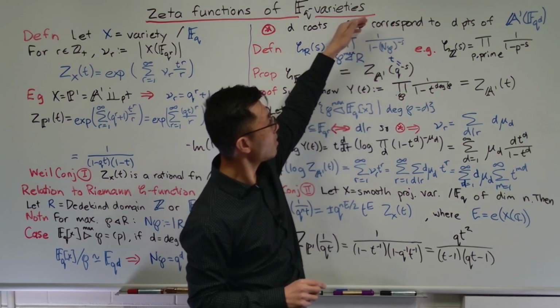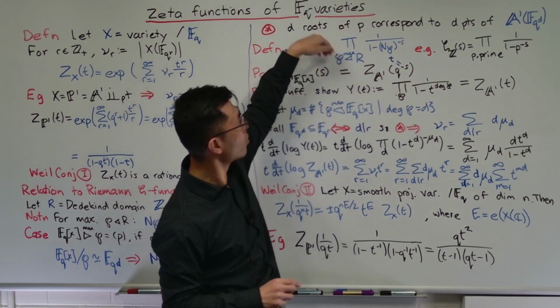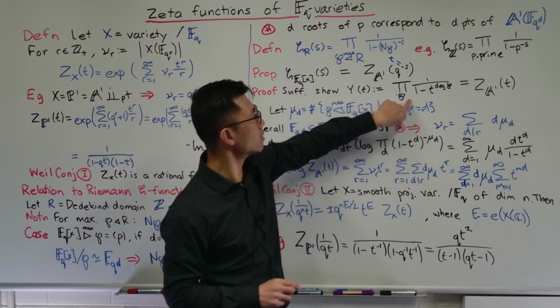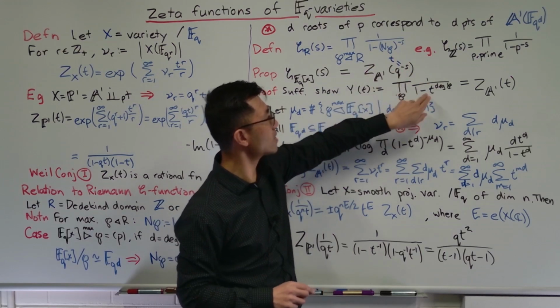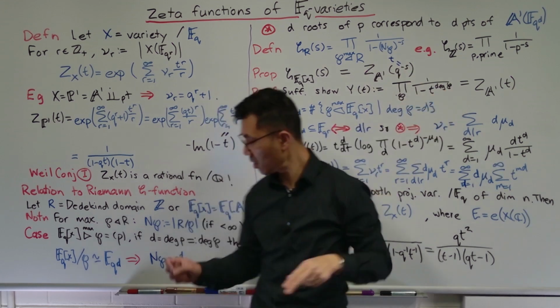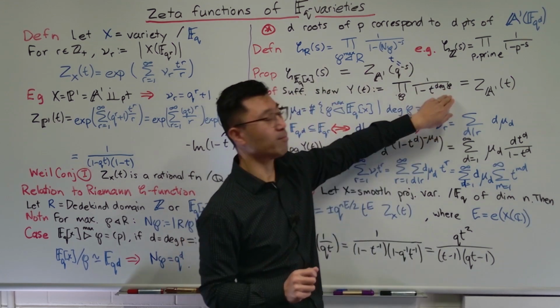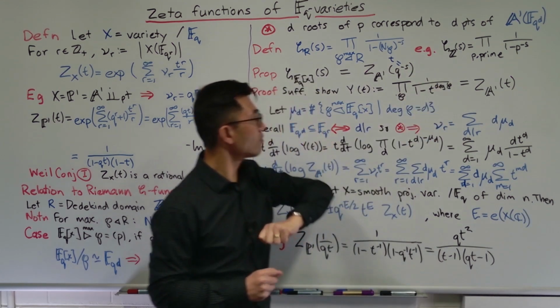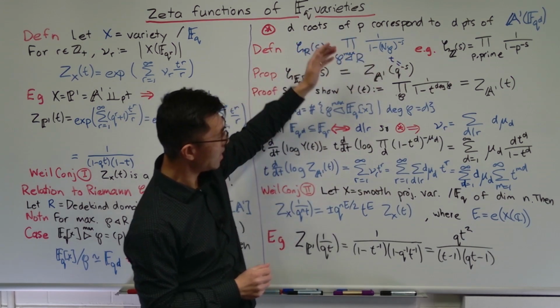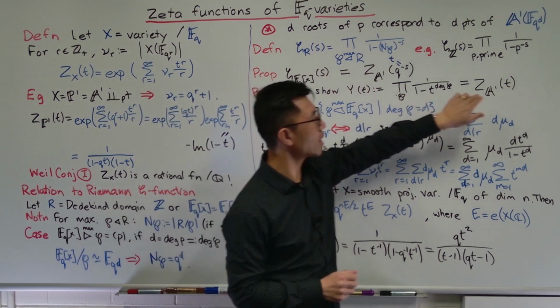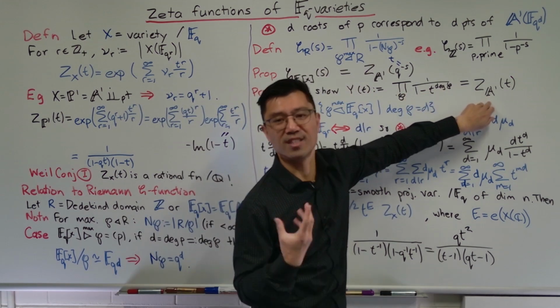If you write this out, this is a product over all these maximal ideals P of 1 over 1 minus t to the d, which is the degree of P. So I've just changed variables from q to the minus s to t, and I want to show the corresponding equation here in terms of the t's instead.